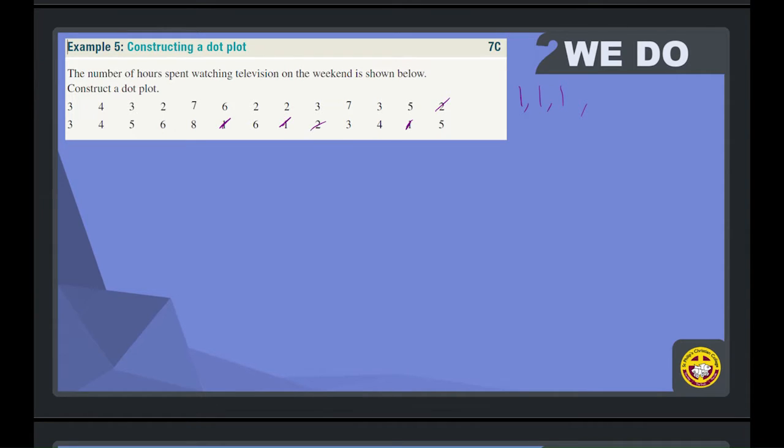Again, we're going to make use of the crossing off as we go to make sure we don't miss any numbers. And by having these numbers in order, you'll see that this is actually most of the work in drawing the dot plot.